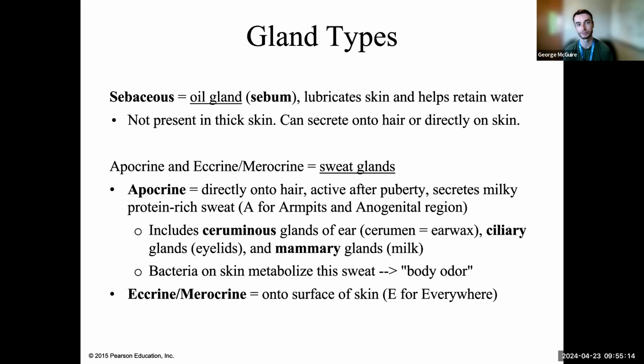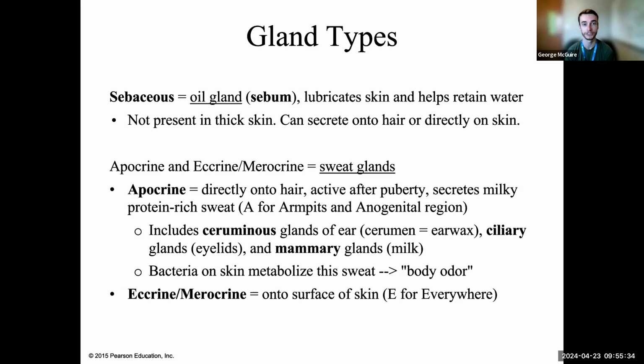And so we use products to remove the oil that our body produces, and then different products to replace that oil to provide a different version of hydration and protection instead. Anyways, sebaceous glands secrete sebum, oil. They could do this directly onto our hairs or directly onto our skin.